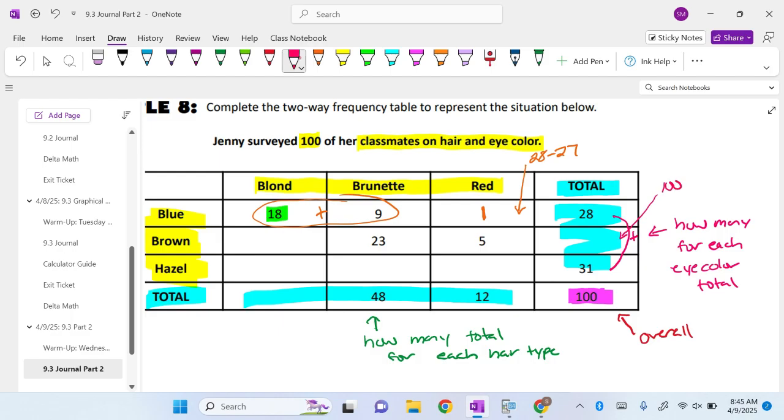So I would do 100 minus 59, what's 100 minus 59? 41. So now we can find blonde and brown hair because we know that the total for brown eyes has to be 41 people, and we have the two other numbers. So find how many people have both brown eyes and blonde hair with the information that we have.